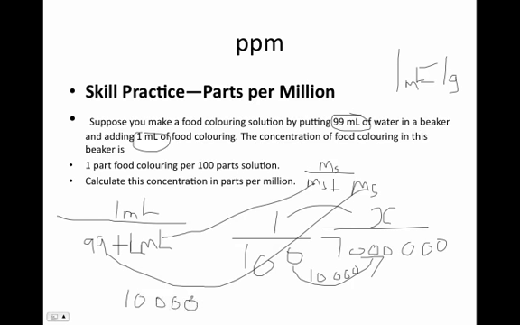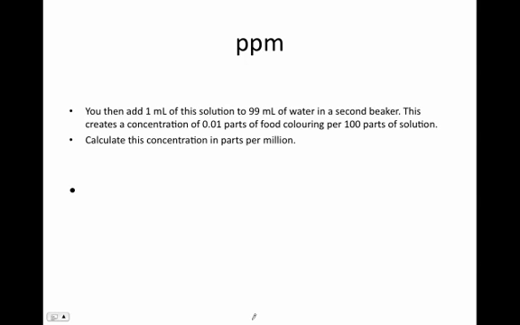Next, let's go to the next question. So now we've taken that original solution, which is now diluted, and we add it to 99 mils of water. So what does that create? That creates now 0.01.